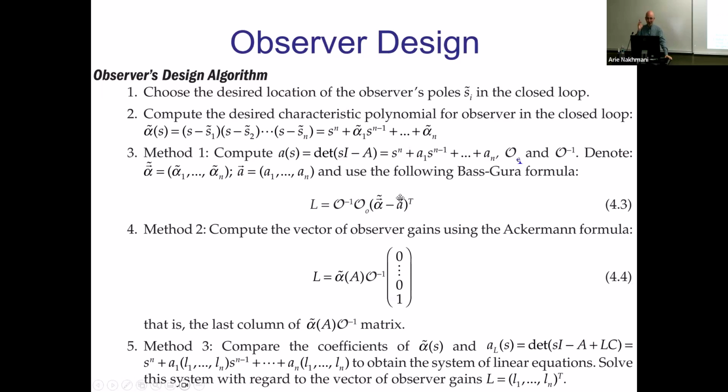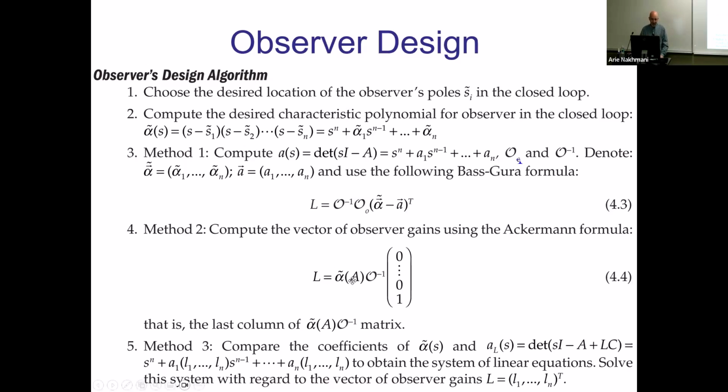Remember, this is not the s I minus A plus BK, it's the original s I minus A determinant coefficients. So the a coefficients are open loop coefficients of your denominator, characteristic polynomial, right? They are coming here, then you multiply, doing transpose on everything, and you get that column vector, right?